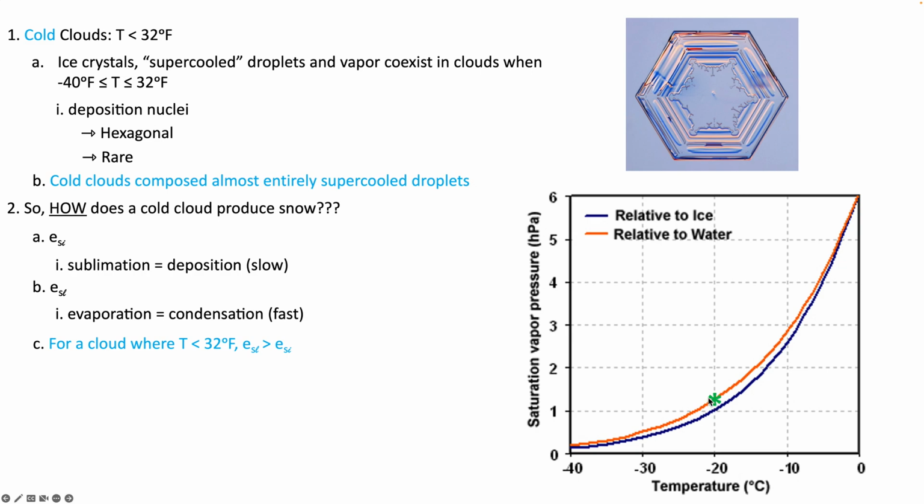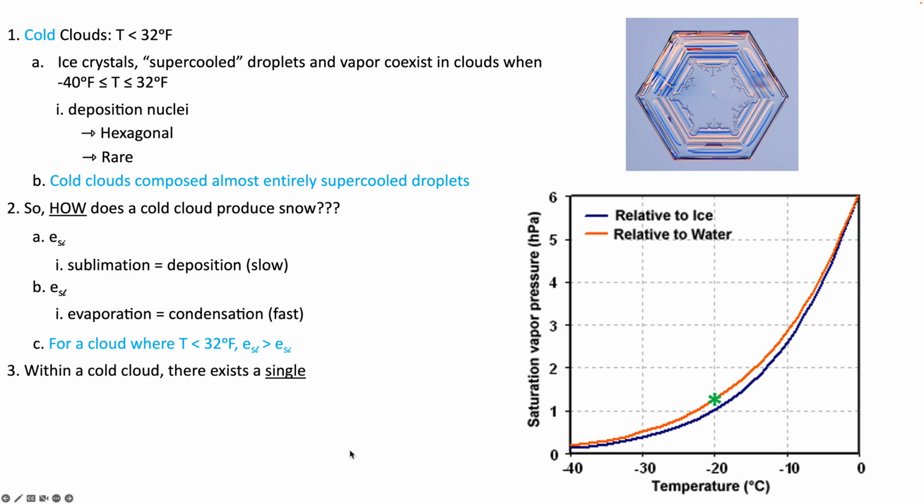So this basically means that more vapor is required to saturate the air around a water droplet than it is to saturate the air around an ice crystal at the same temperature. So given a single temperature below 0 degrees Celsius, what we see is that the air has two different saturation vapor pressures, one around ice, which is relatively small, and the second around liquid water, which is relatively large.